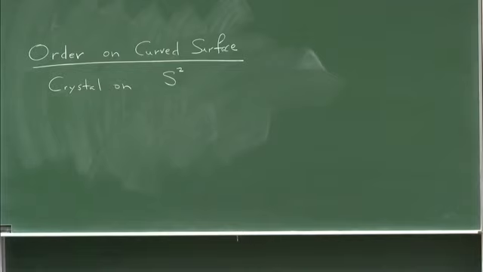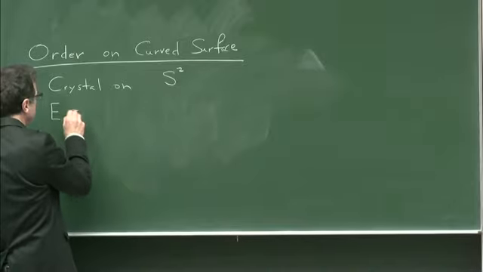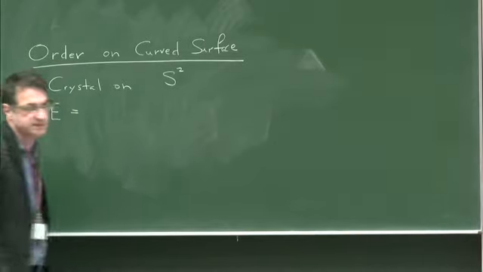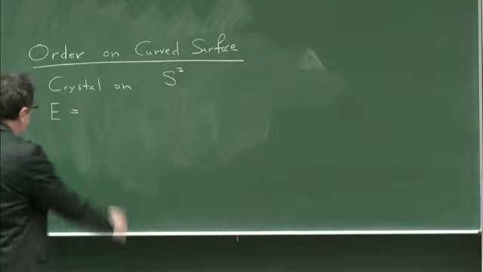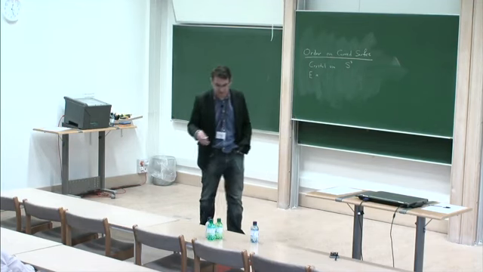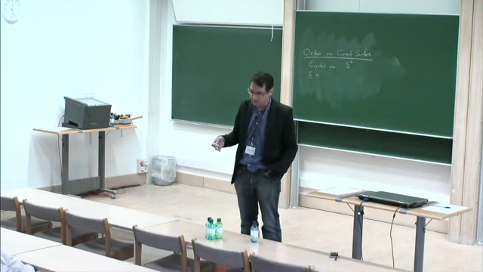So you can write a Hamiltonian for this problem, and it involves possible defects, because crystalline order on the sphere has to have some defects because you cannot have a regular triangulation of the sphere. Some minimal defects are required by topology.